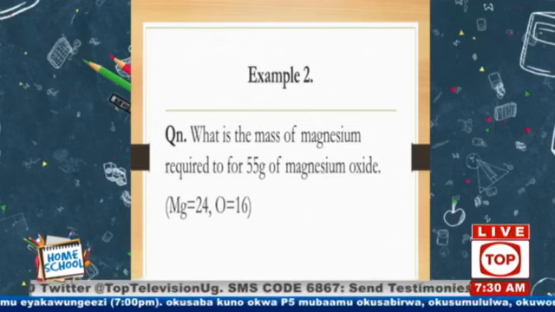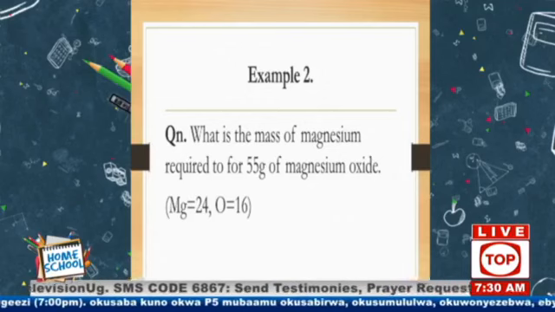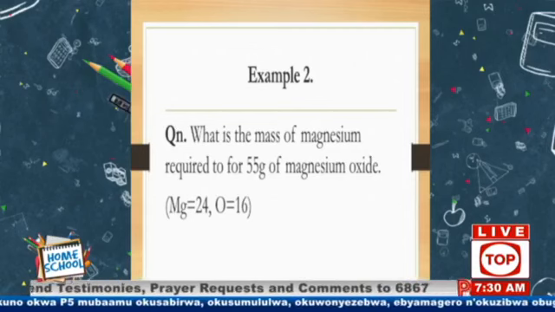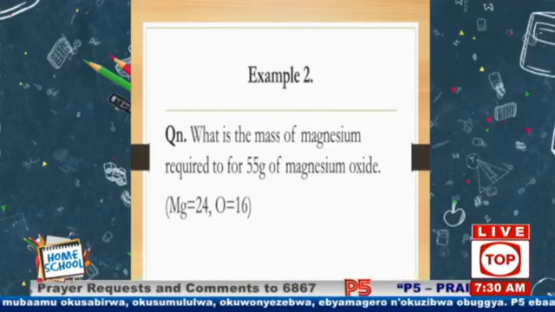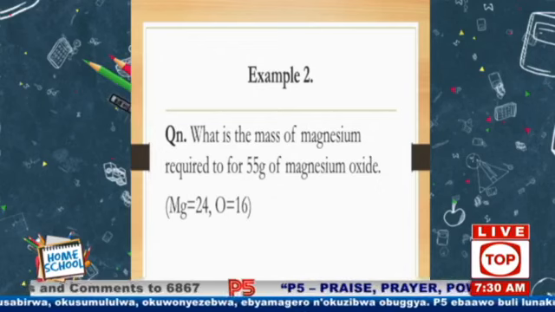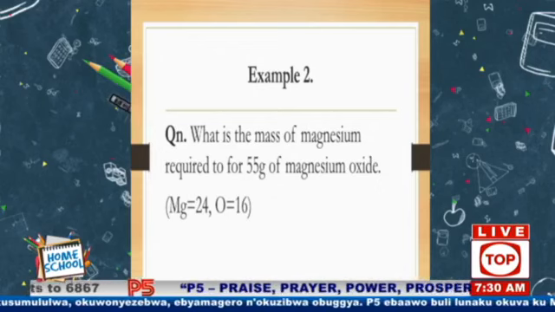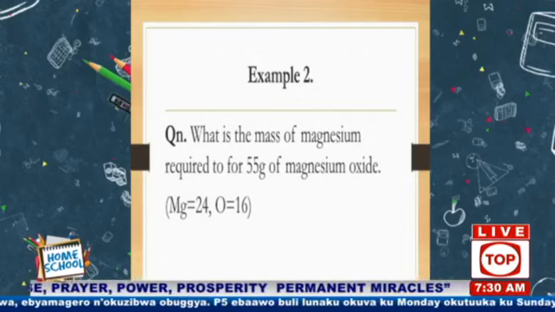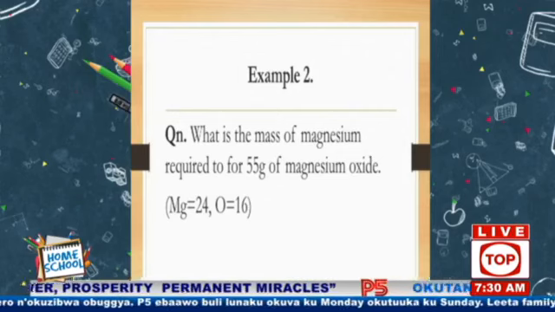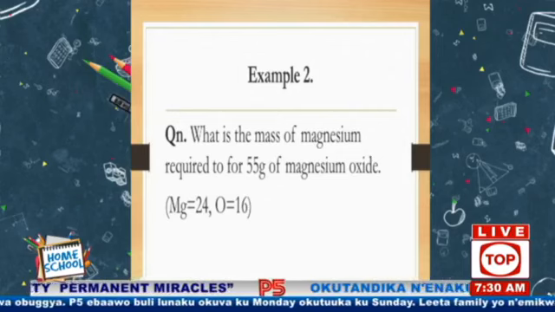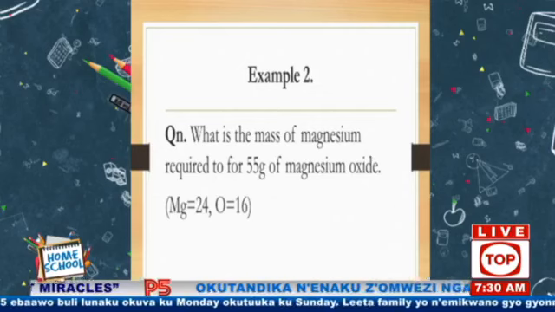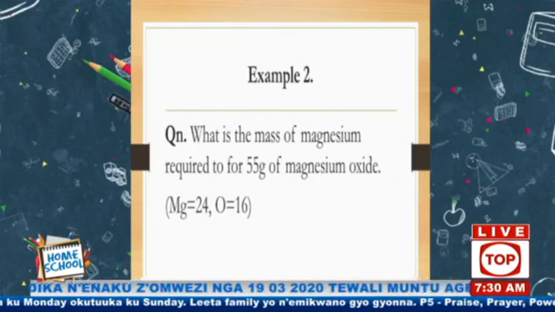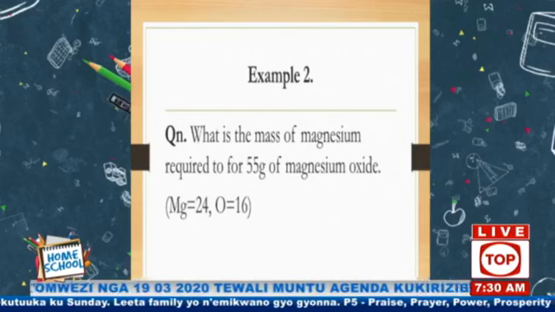The previous one required you to find a product when you are given a reactant. But here you have been given the product and they want you to calculate for the reactant.